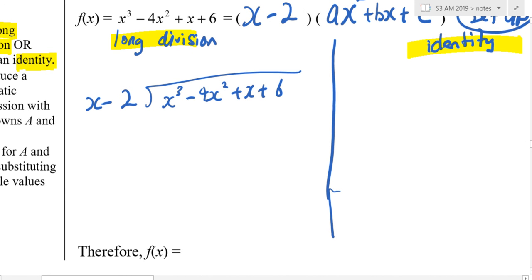Right. How do I remove x cubed? Xinghui, how do I remove x cubed? Multiply by what? x squared. So I have x cubed minus what?